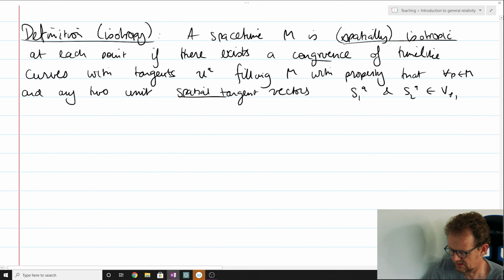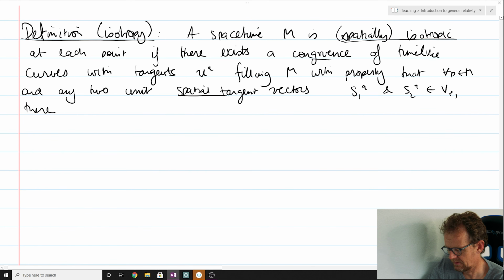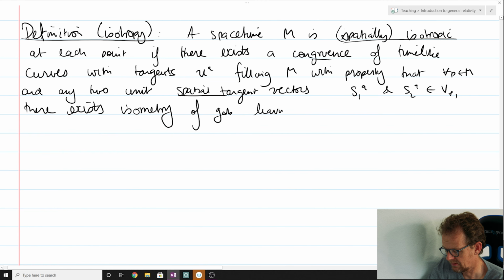You would say that space is isotropic if there exists an isometry of our metric which leaves our observation point invariant and also the time-like unit vector invariant, but it takes S1^A to S2^A. These two vectors are orthogonal to U.